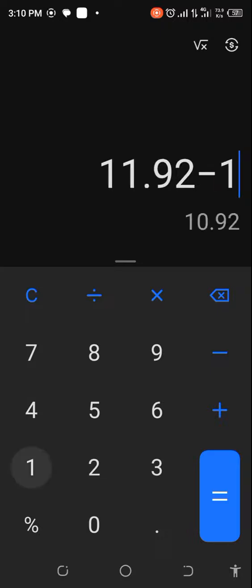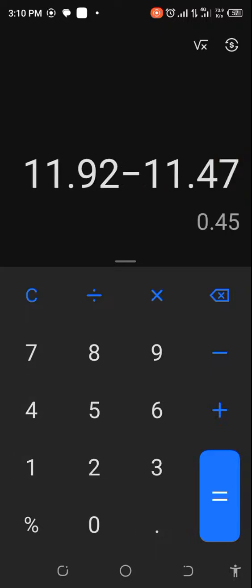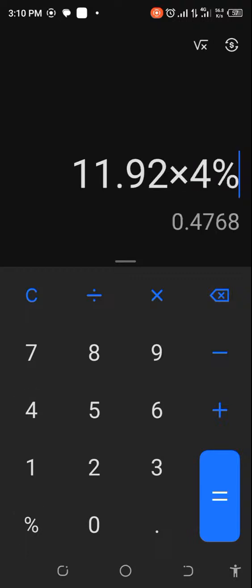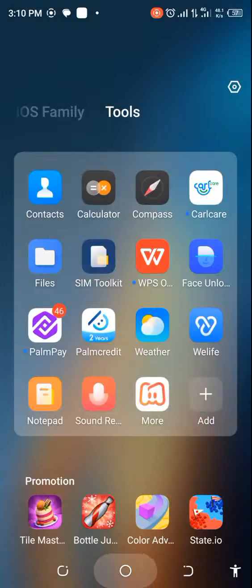That's 11.92 minus 11.47, about 45 cents. I think that's about 4%. So we're in that range, and we're kind of good. That's exactly what we have now.